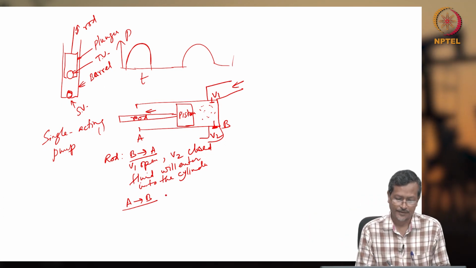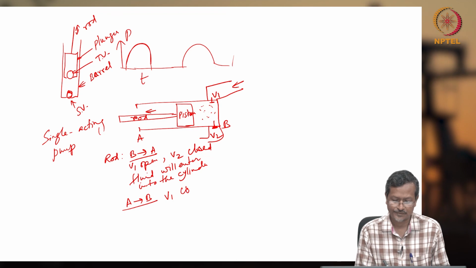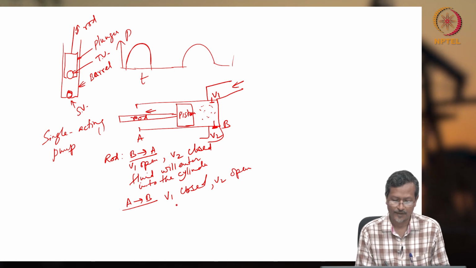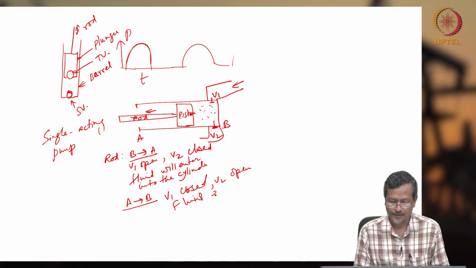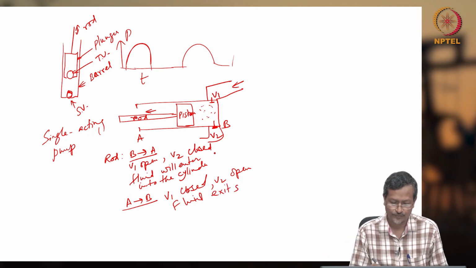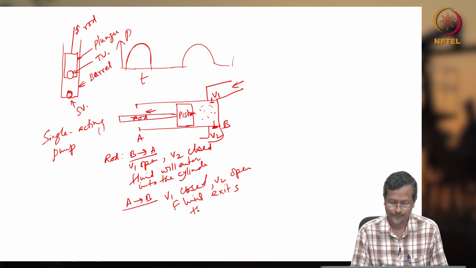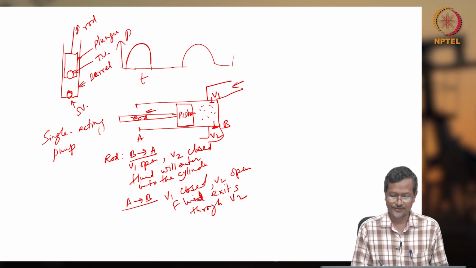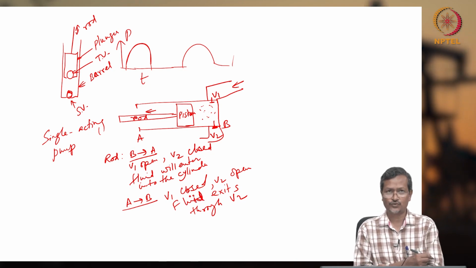What is happening? V1 closed, V2 open, fluid exits through V2. Fluid exits through V2.